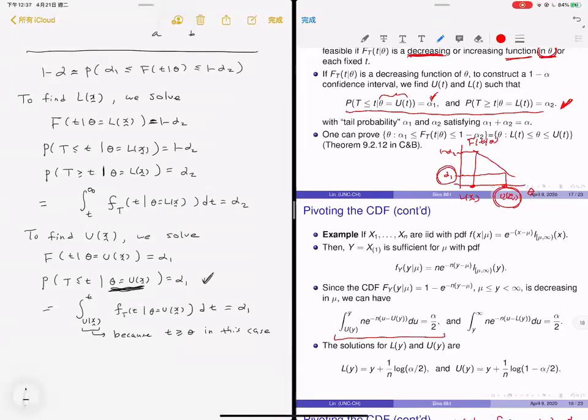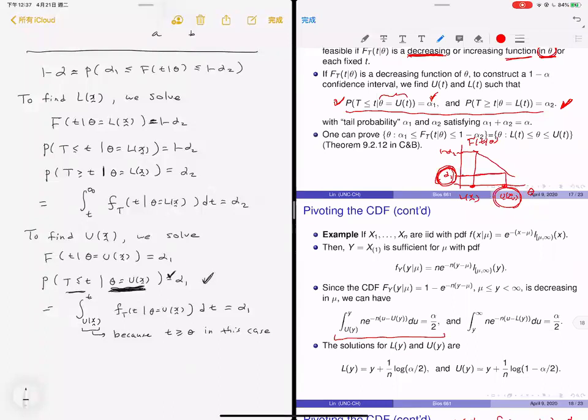Making sense? Which means that this is the CDF, right? So right here, probability of T smaller than t. Plug in theta as the upper bound to solve this equation. There you go, upper bound, right? You have the real alpha value right here.